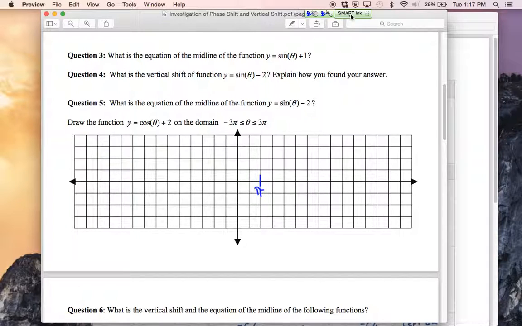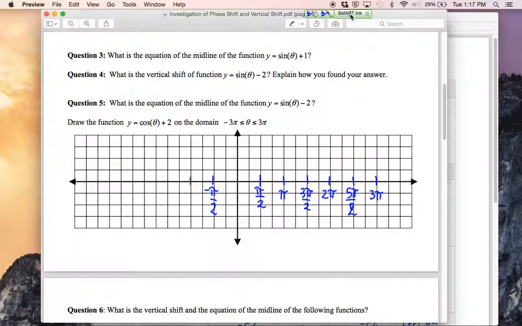So pi over 2, pi, 3 pi over 2, 2 pi, and then 5 pi over 2, and then 6 pi over 2, which is 3 pi. And that's where I'm going to stop because that's where the problem told me to stop the domain.